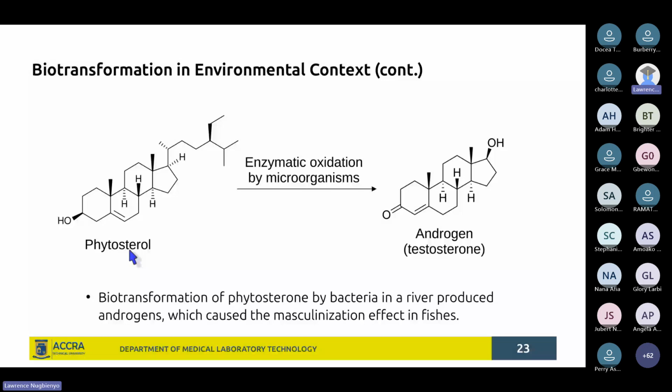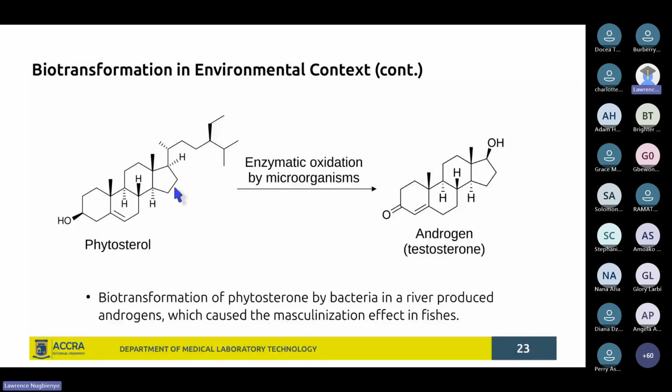Nuts contain a lot of these sterols. So the oil coming from the nuts had these phytosterols, and when they got into the river, there were some microorganisms inside the river, some bacteria, that were acting on these phytosterols.